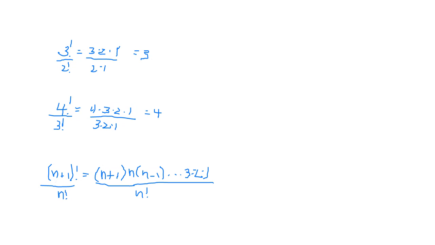But what is n times n minus 1, multiplied with all the factors, times 3 times 2 times 1? What is that equal to? N times n minus 1, dot dot dot, times 3 times 2 times 1. What would that equal?